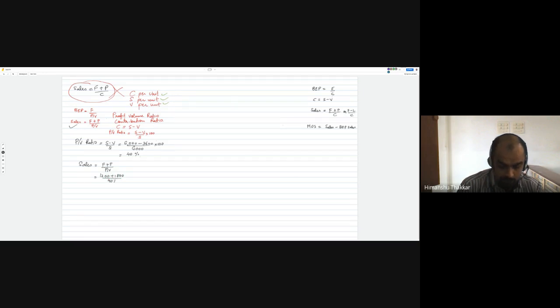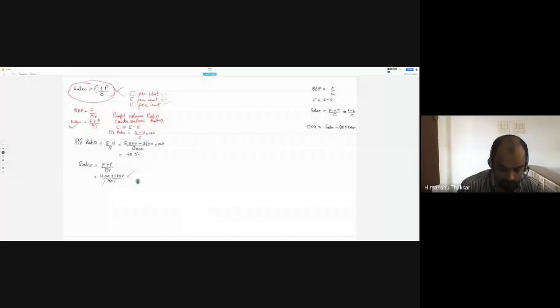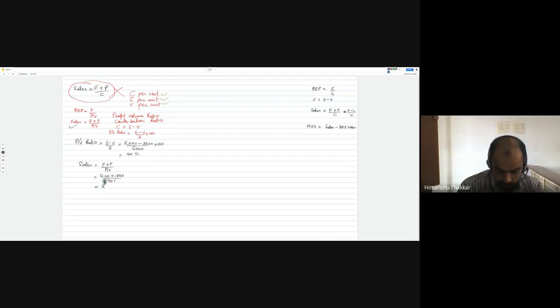So what is your answer? Final answer? 7500. See, when you divide, what you need to do is 3000 divided by 40 and then press the percentage button. Then only you'll get this answer.